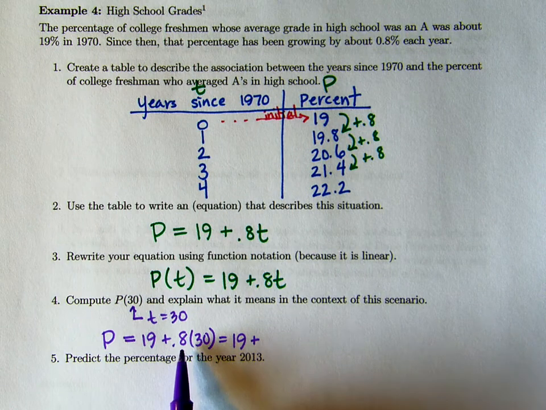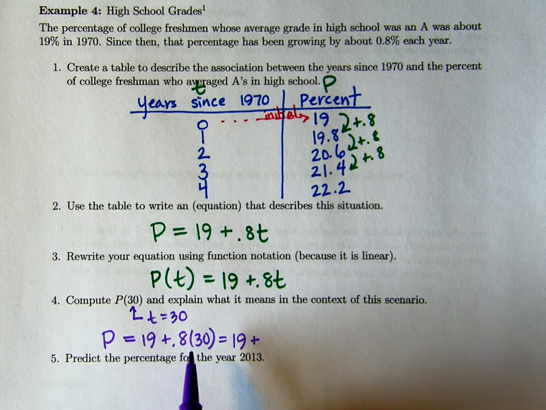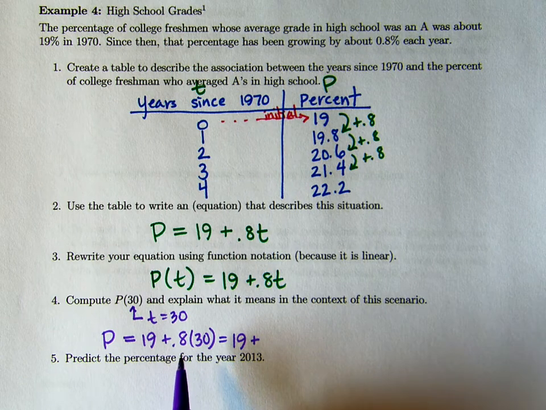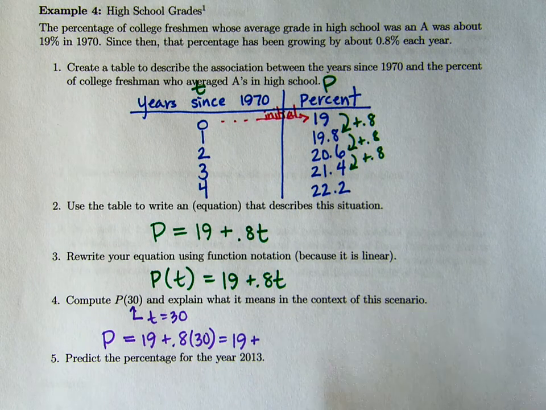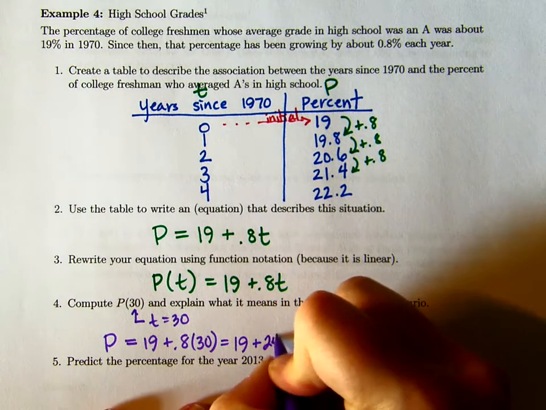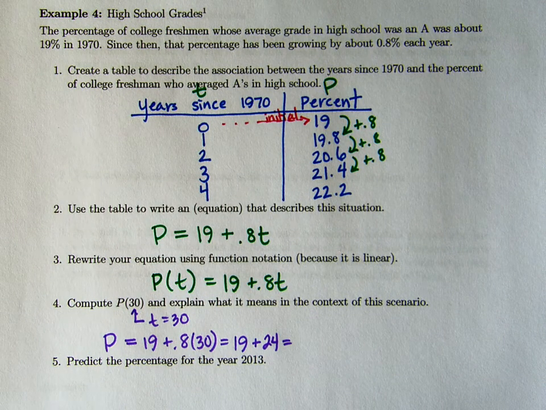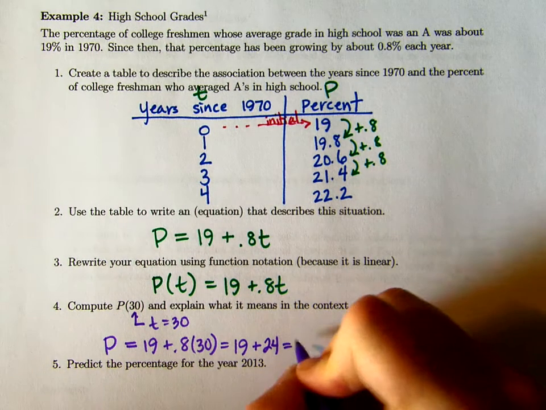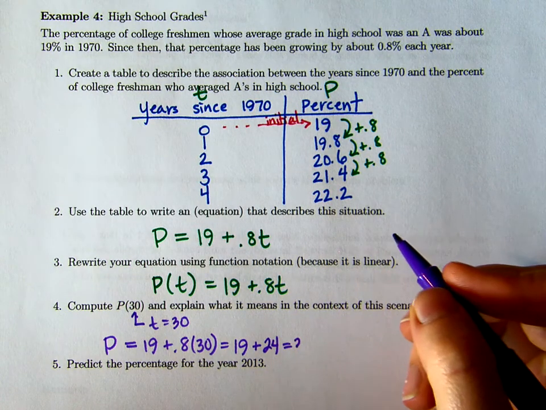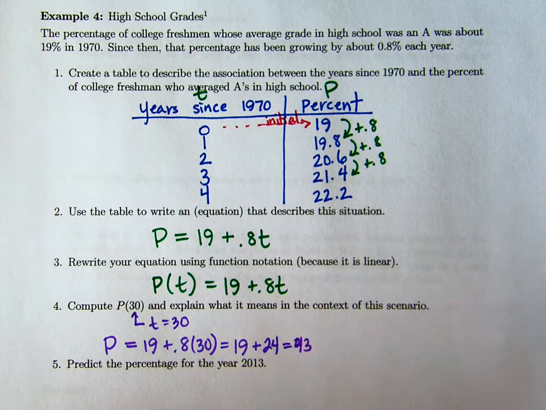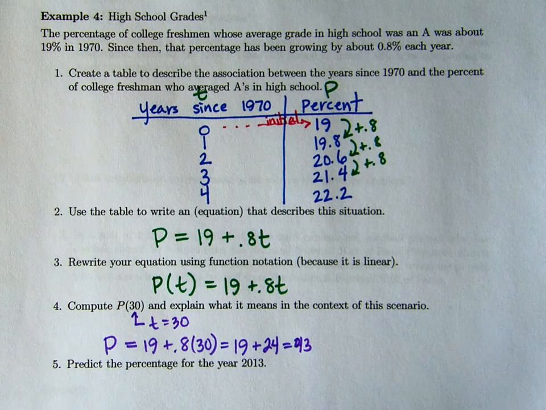Well, 3 of these is, so what is that, 24? 80% of 30, I believe that's 24. 19 plus 24, well, that's very similar to 44, except minus 1, so 43. Okay. I almost wrote 33, but 43.